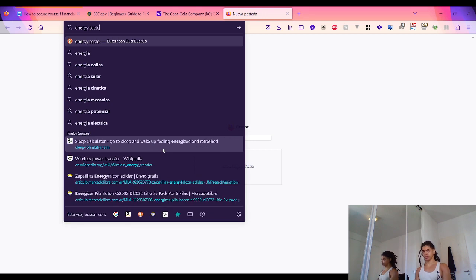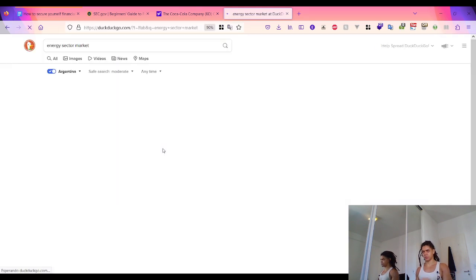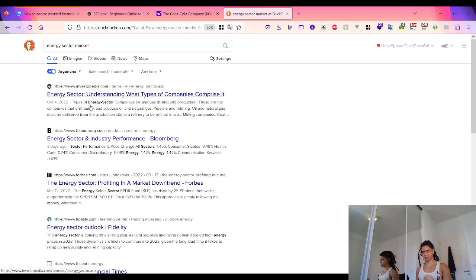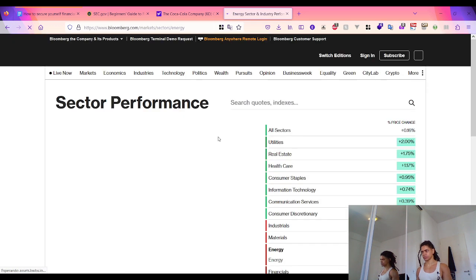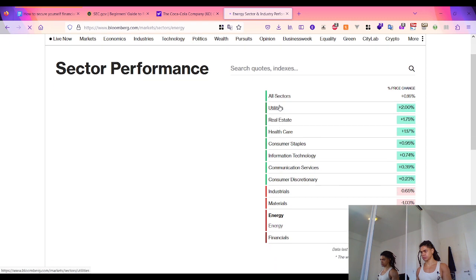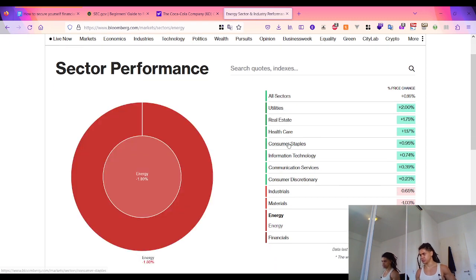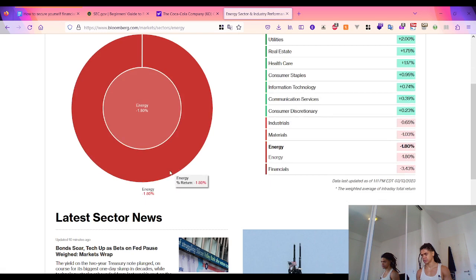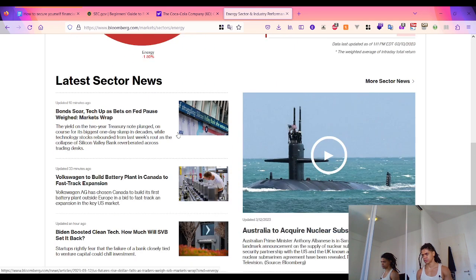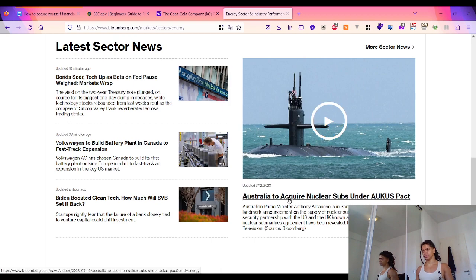Energy sector market. Utilities, real estate, healthcare, consumer staples, information technology, communication services, consumer discretionary, industrials, materials. Australia to acquire nuclear sub under AUKUS Pact. What the hell?